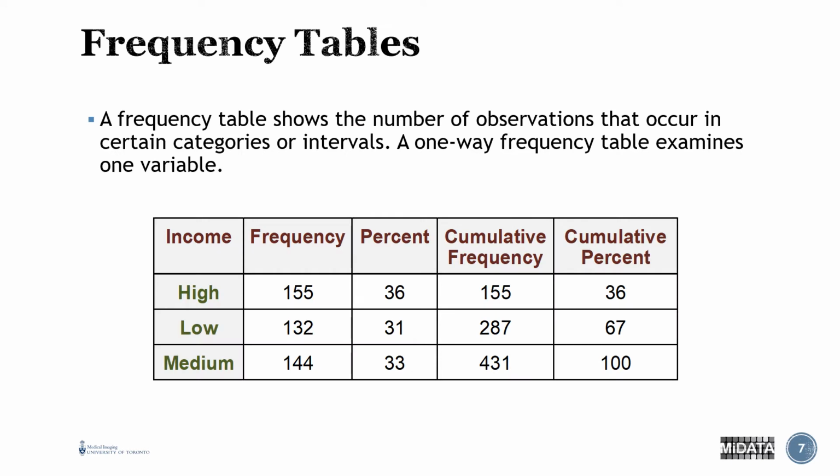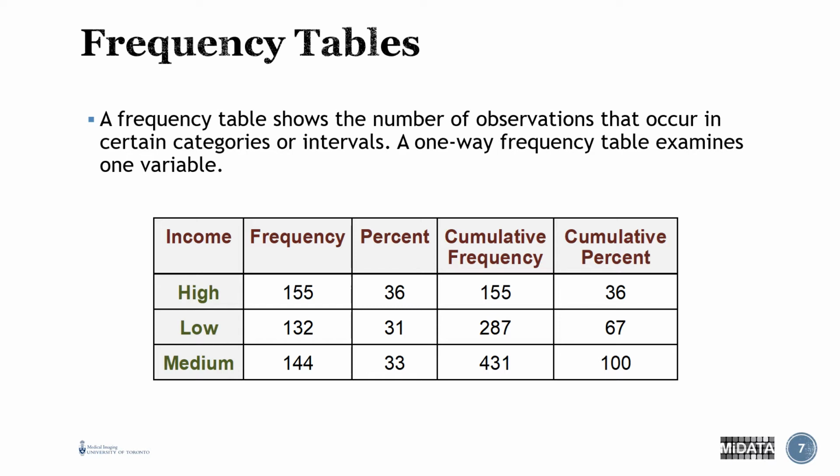Let's talk a little bit about how to organize your data in a meaningful way. Categorical variables often are displayed in what's called frequency tables, which is basically a table that shows the number of observations that occur in certain categories or intervals. Now, a one-way frequency table examines one variable at a time.